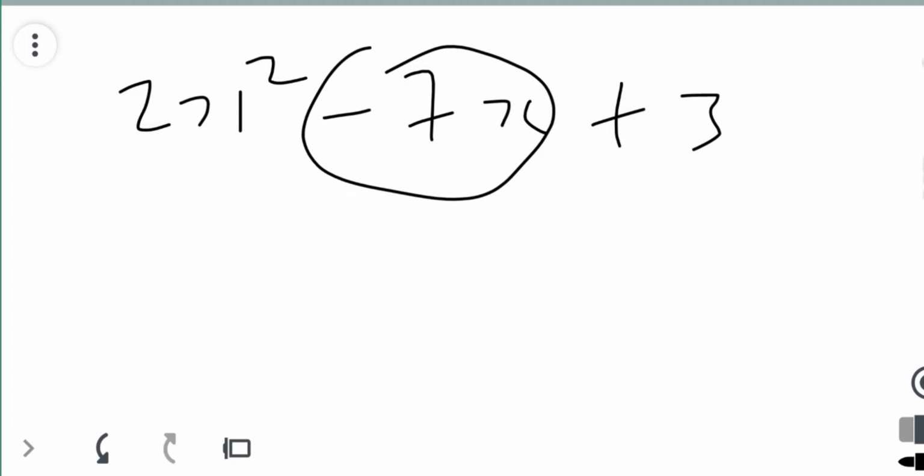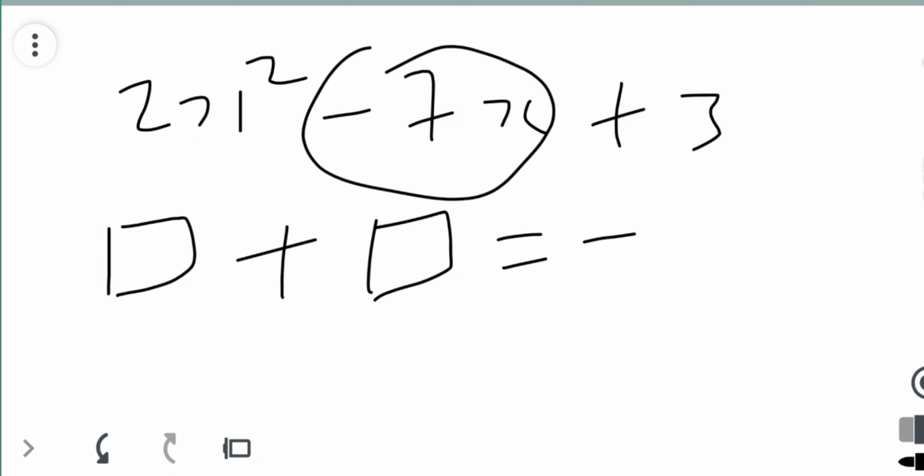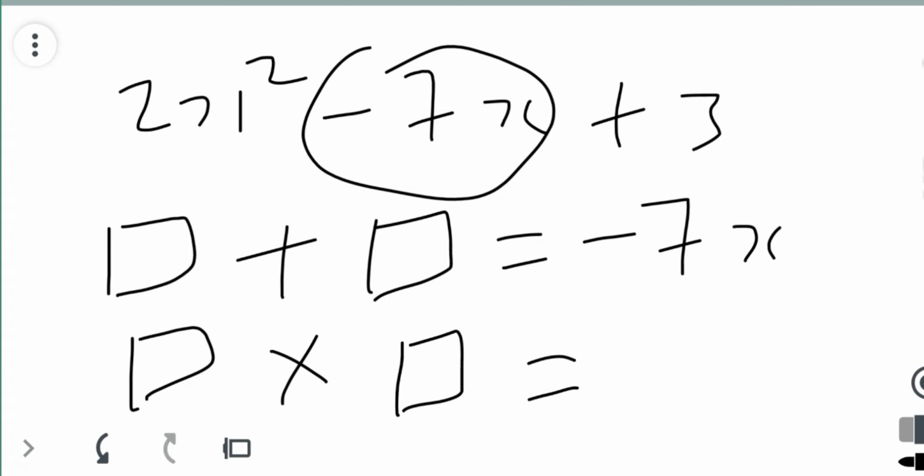So you ask yourself, box plus box equals minus 7x, and as well, box multiplied by box equals, if you multiply this first one by this last one, 6x squared.